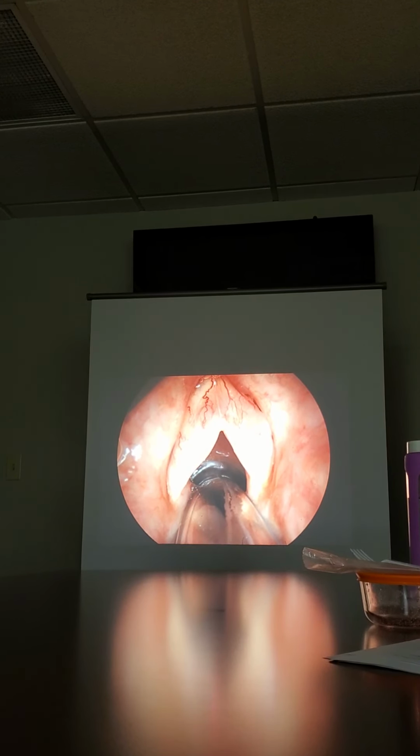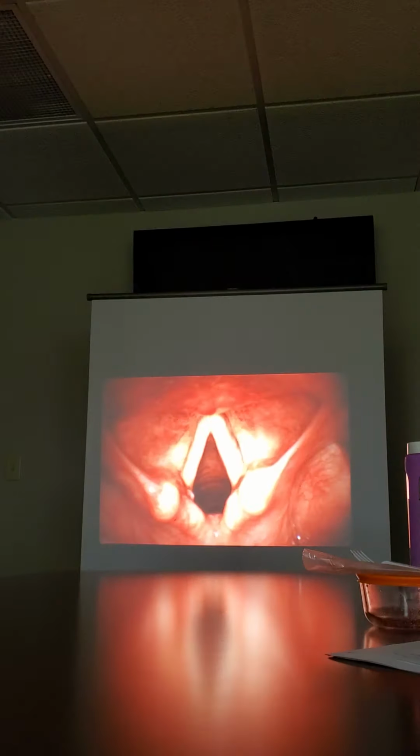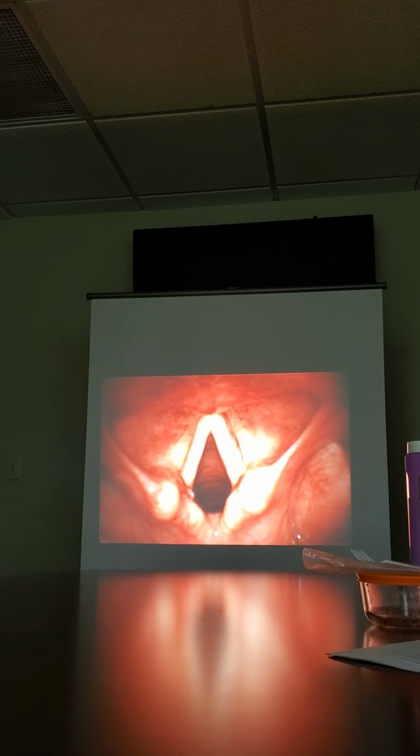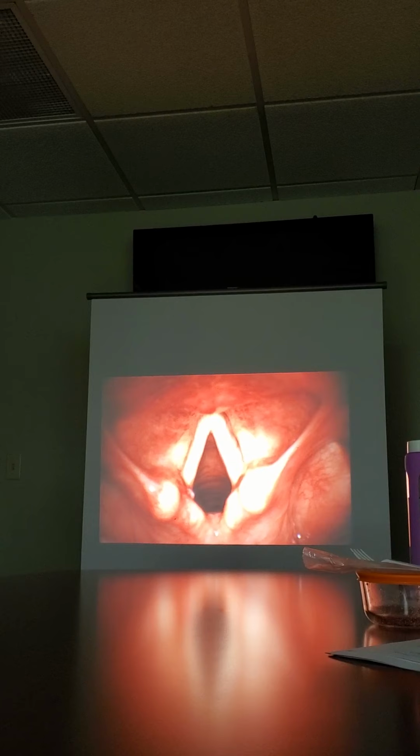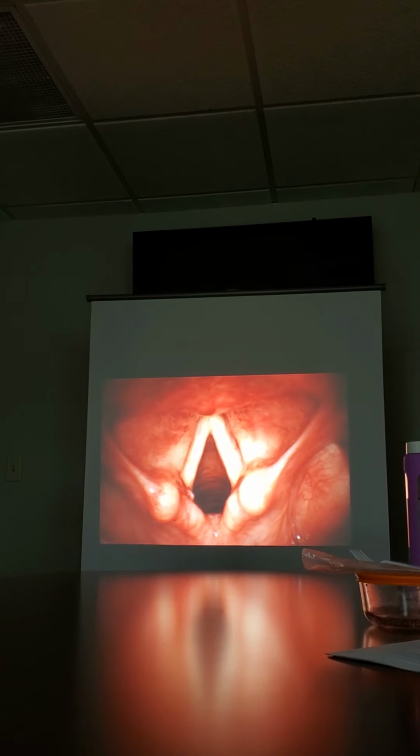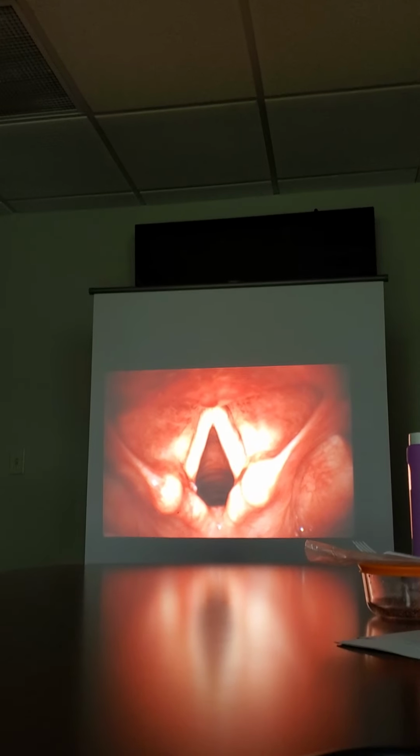See how it's just floppy tissue that can interfere with vocal activity. Now here you see a larynx that looks pretty good, and right here you see something. These people can have a bit of a hoarse voice, and sometimes on the side where you visually see this on your exam, they'll also have a little discomfort there.